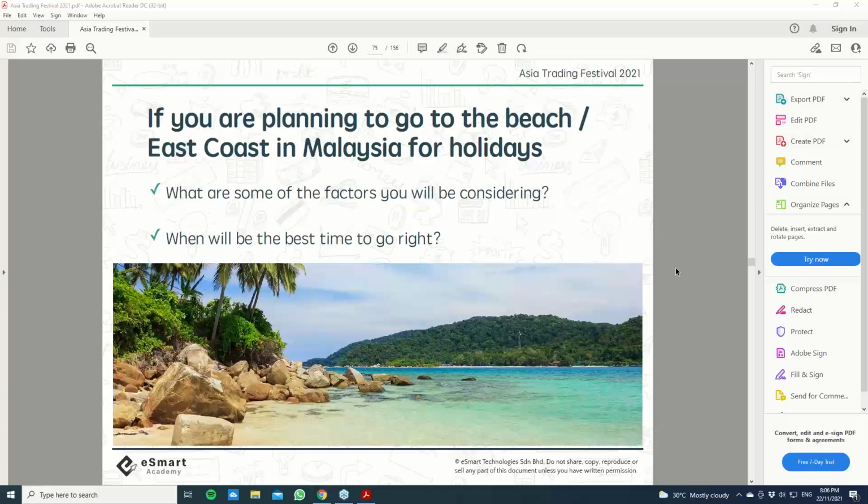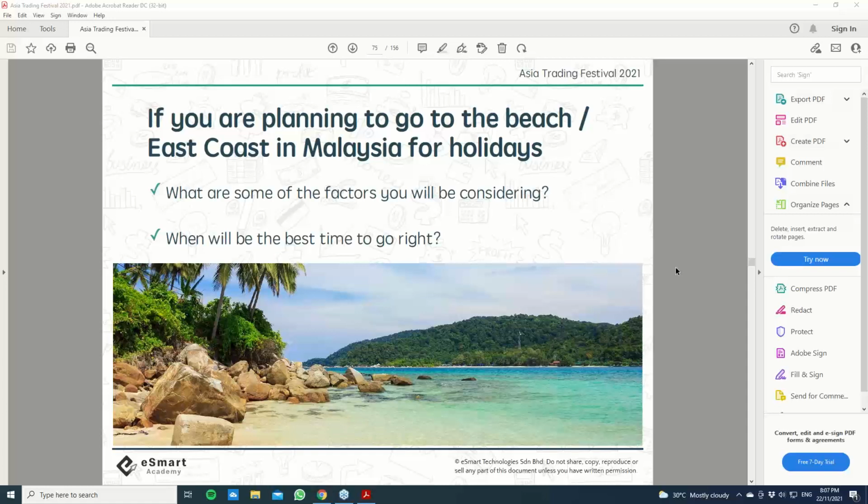Now the same thing if you apply it to vacation. Let's say you're planning to go to the East Coast in Malaysia, to the beach, for outdoor activities and things like that. Definitely you'll be considering whether it's going to be rainy season. Of course, the end of the year is rainy season, and you probably do not want to go during this period, because you won't be able to go out and enjoy it, or you probably won't even enjoy the sun.